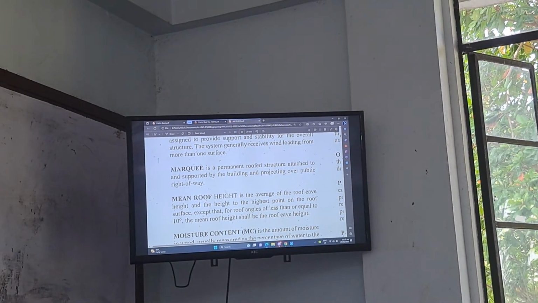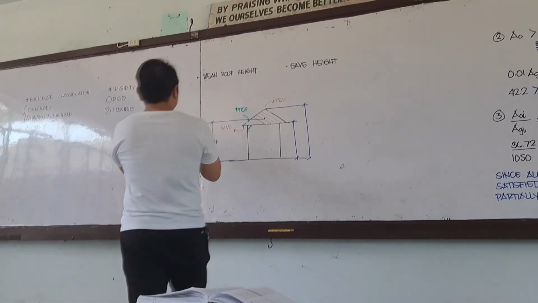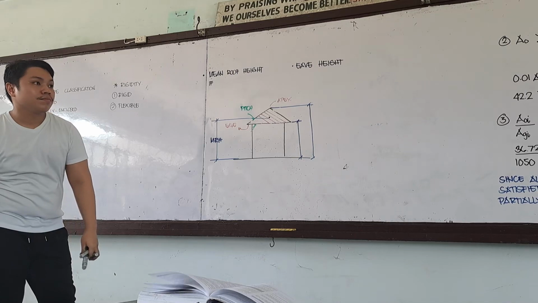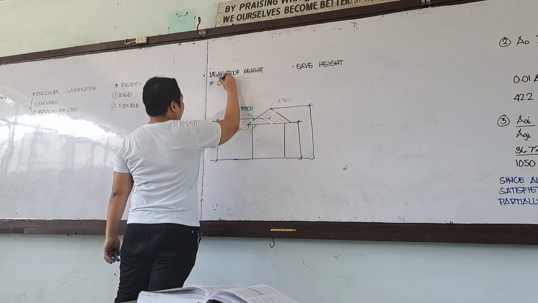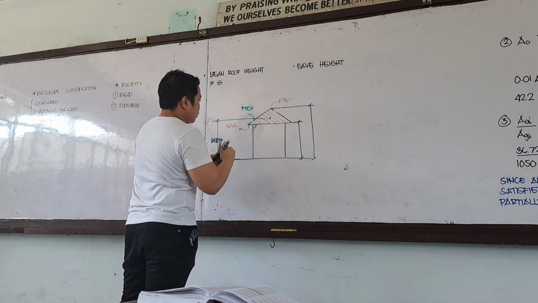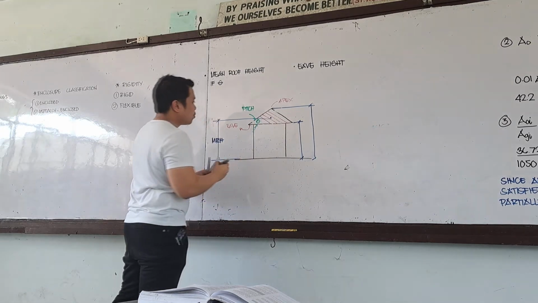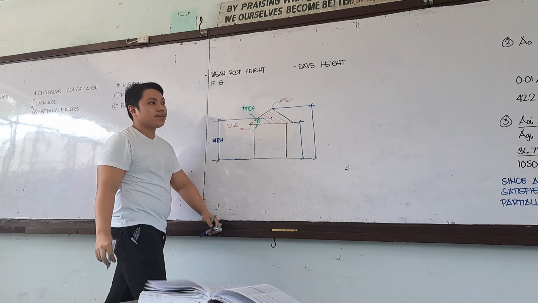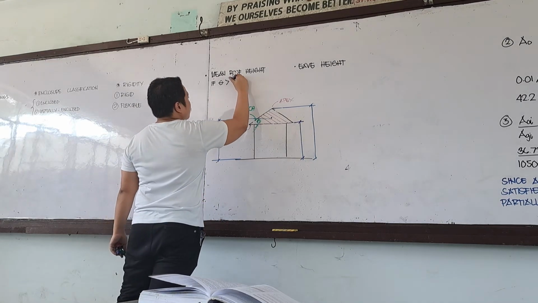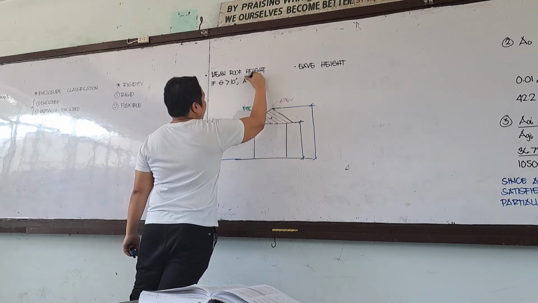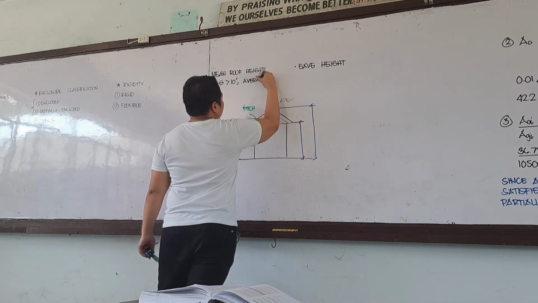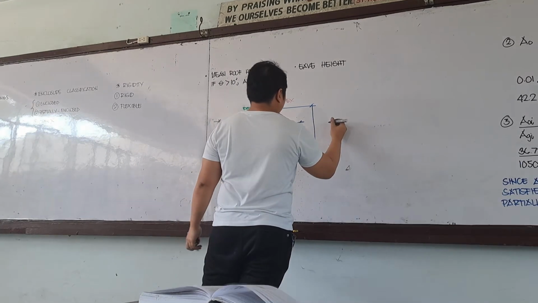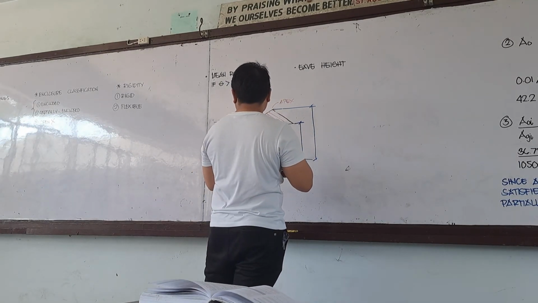Okay, so two conditions. If our roof angle, or roof pitch, is greater than 10 degrees, it is the average of the eave height and the apex height, the maximum height.